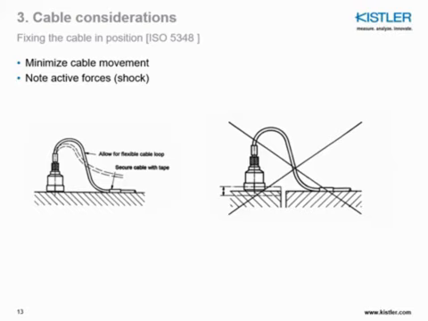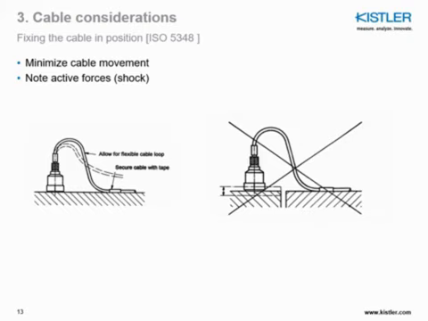That can influence your measurement, but that will also lead to sensor breakage. So the cable needs to be fixed to the vibrating surface, and when you do fasten, avoid any stress. So try to have kind of a loose loop and so on.